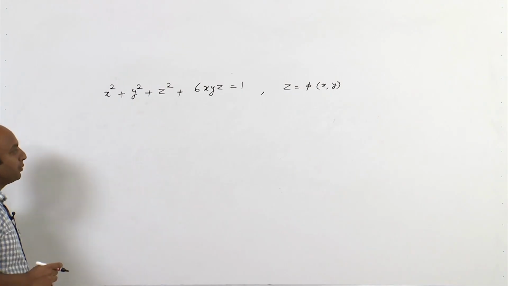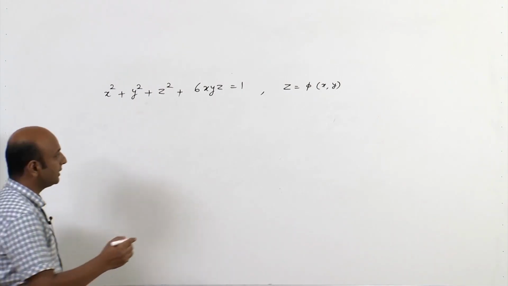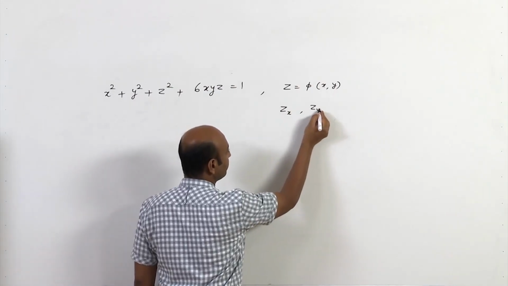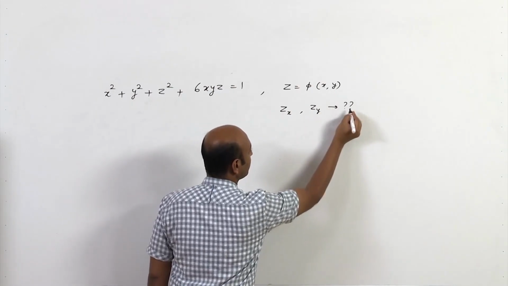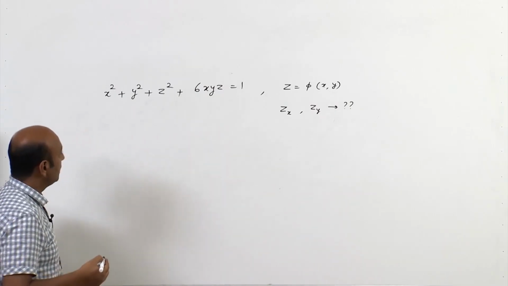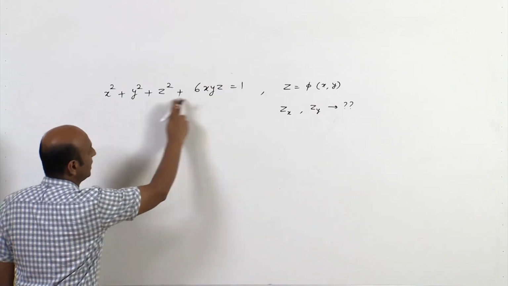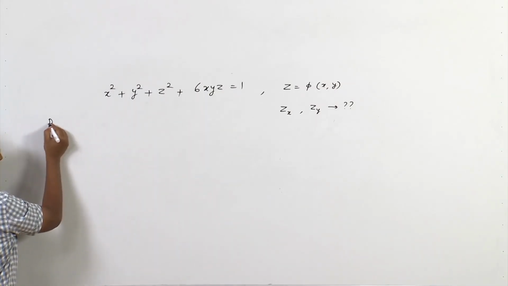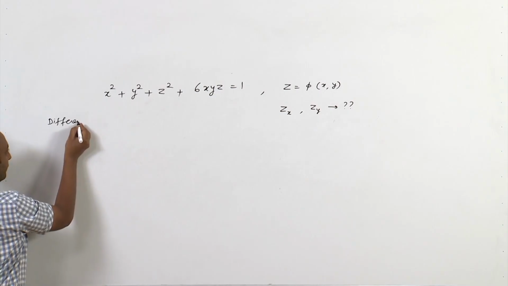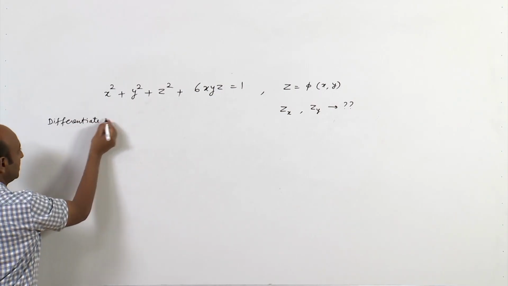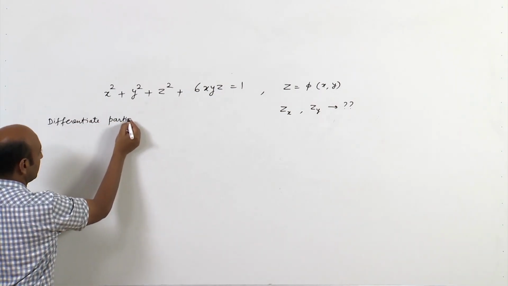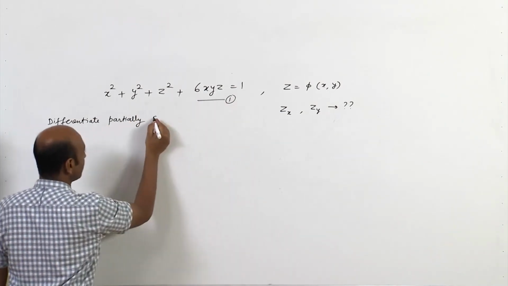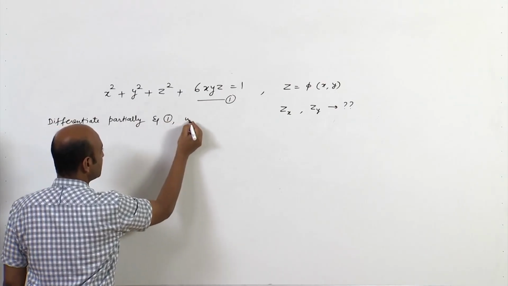Now, how can we compute zx and zy? This we have to find out. Now, we simply differentiate partially, say this equation is equation 1, with respect to x.